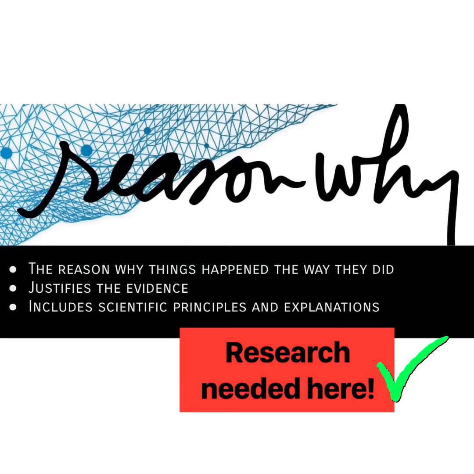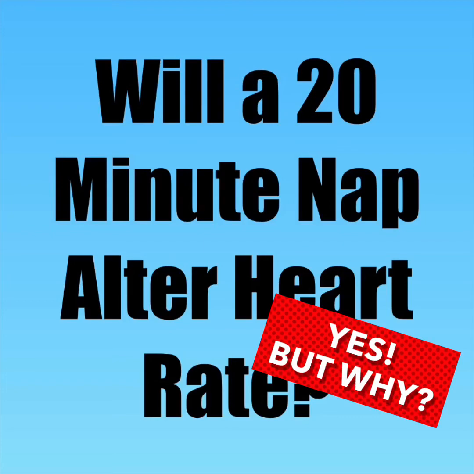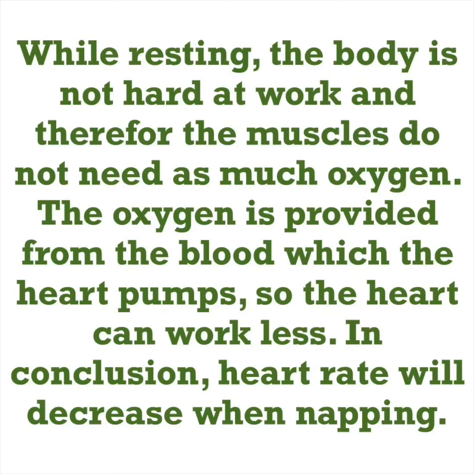We have to do research to better understand why things happened the way they did. For our investigation and for our reasoning, we need to better understand why a nap would lead to lowering your heart rate. After a little research, here's what we found.